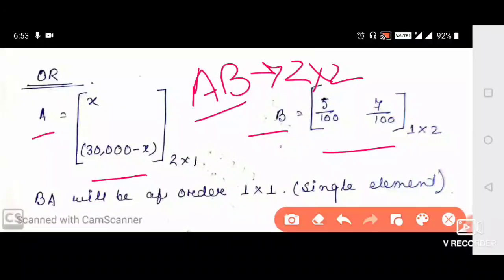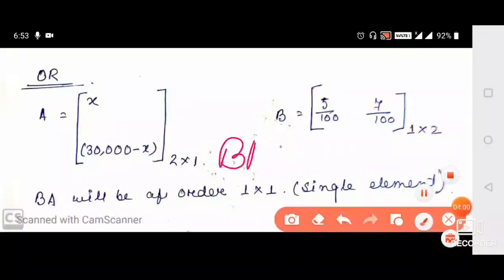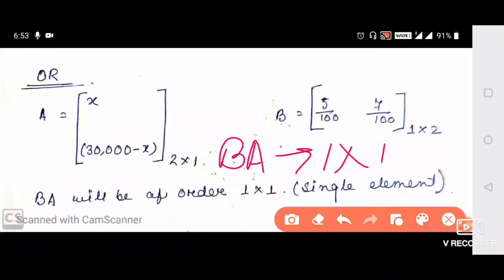So here we have to find BA, so that we can get a single element and it will be of order 1 by 1. So in this way we have to do question number 19.